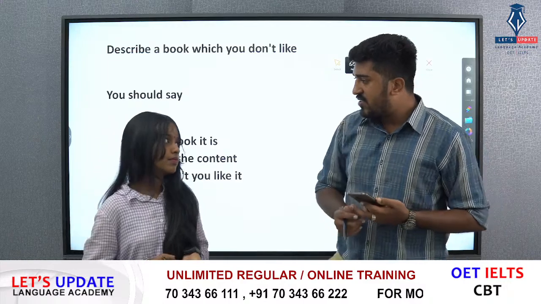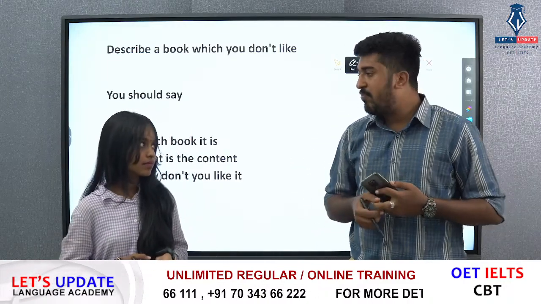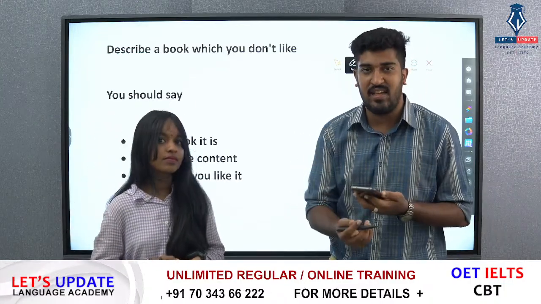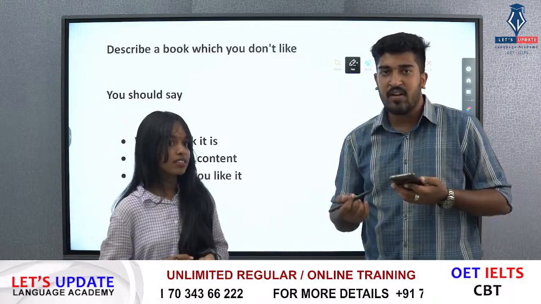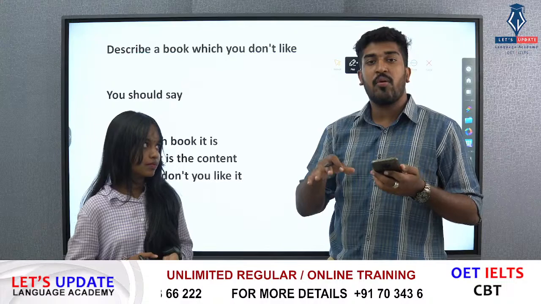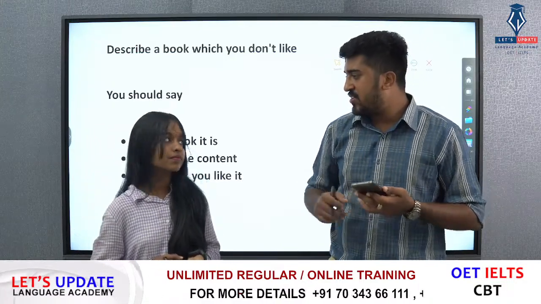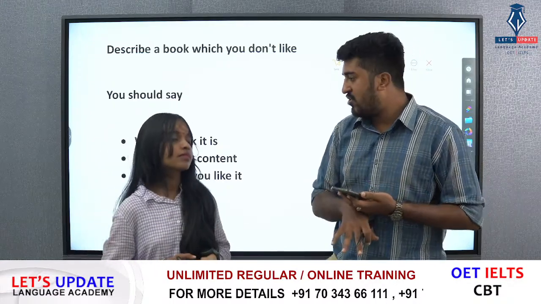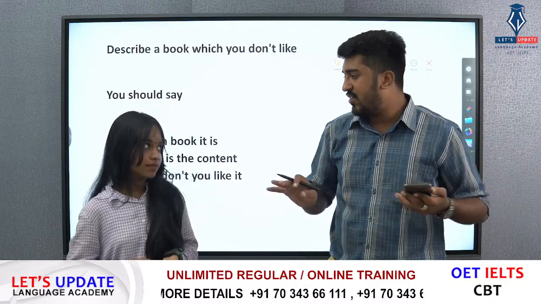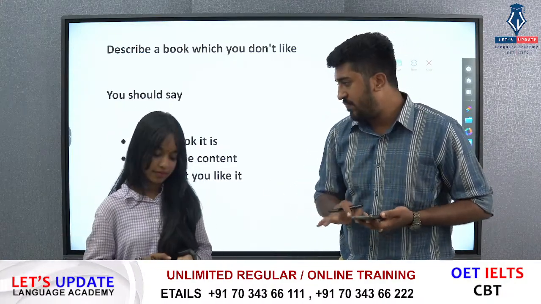Pronunciation is one of the most important criteria, and many people mistake pronunciation for accent. That is not it. We should not be influenced by our mother tongue, and you should avoid it. There is no accent required, just clean and simple pronunciation.